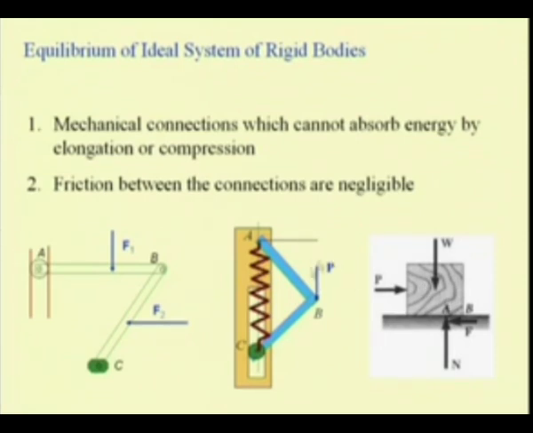So, if such assumptions can be made, like we can remove the spring elements or the elements that can absorb energy, and we can also assume that such connections have negligible friction, then we can idealize the system and perform the virtual work method to analyze the equilibrium of such connected rigid bodies.